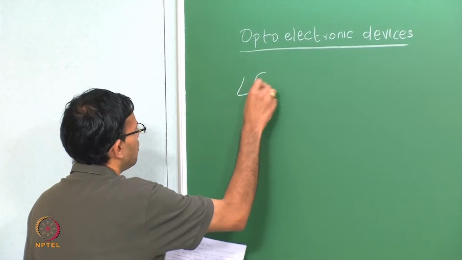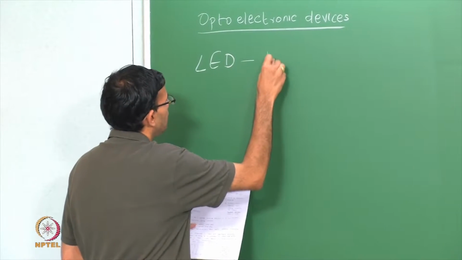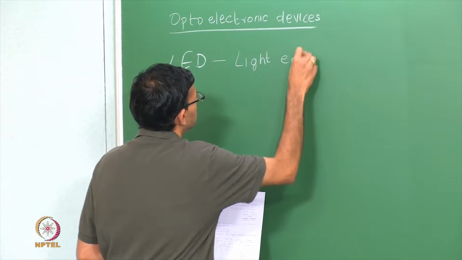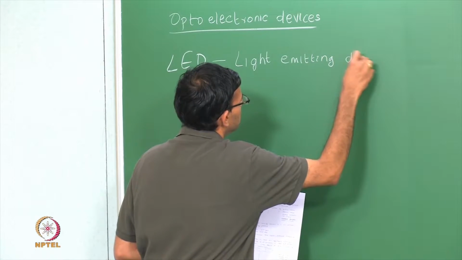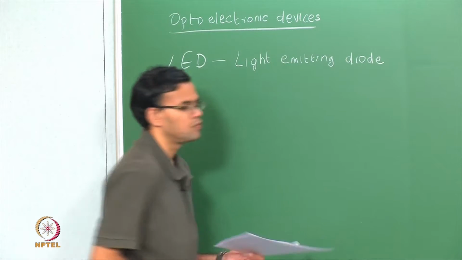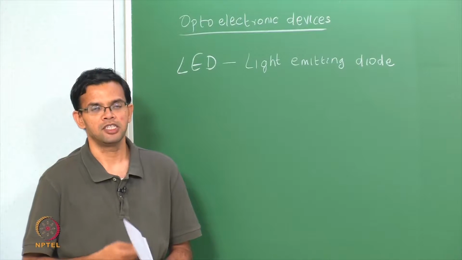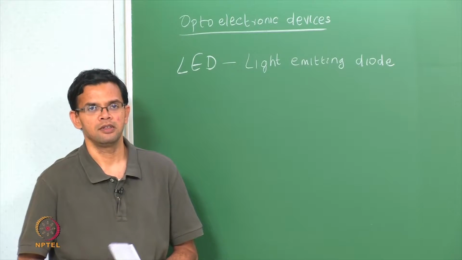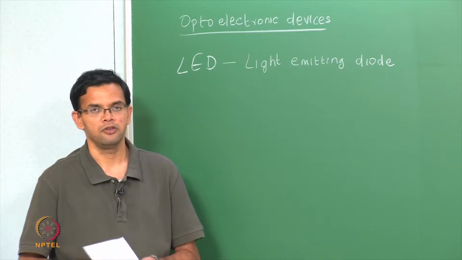So, today we are going to start to look at optoelectronic devices, and the first device we are going to focus on is the LED or the light emitting diode. If you remember, there are mainly two kinds of devices, those in which you have an injection of carriers that recombine in order to give you light. So, this could be in the visible region or in the infrared or UV.